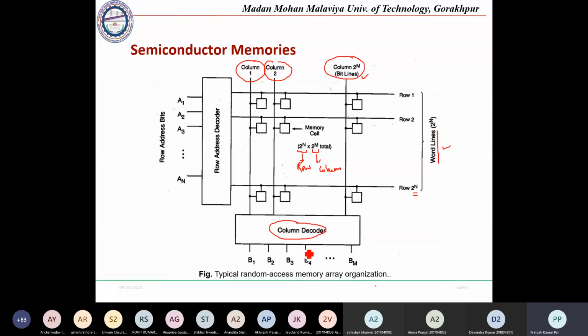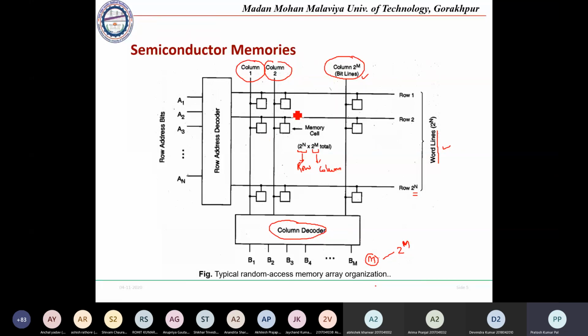That decoder works with m number of bits. If m bits are there, it can decode 2 to the power m columns. So for m bits input to a decoder, 2 to the power m outputs will be there. These are called column decoders.